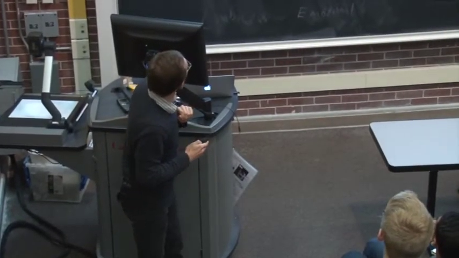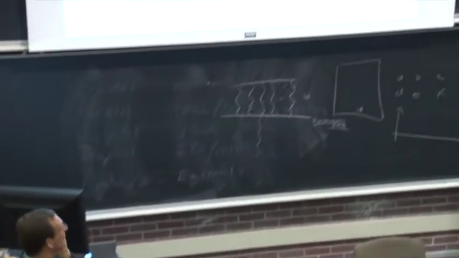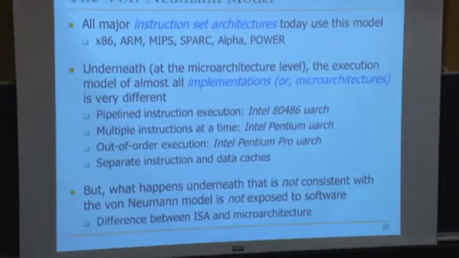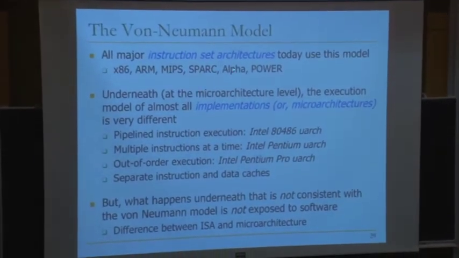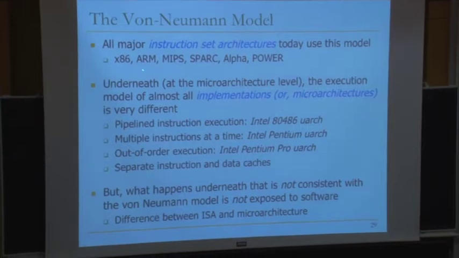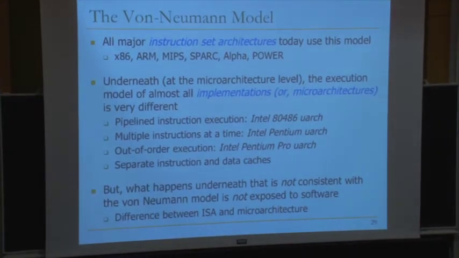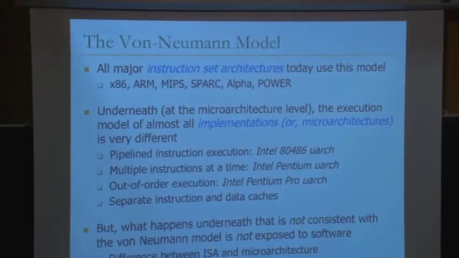OK. So von Neumann model, let's consider this in more detail now. So all major instruction set architectures today use this model. And you're probably familiar with some of these: x86, ARM, MIPS, SPARC, Alpha, Power. If you look at that, it's all control-driven, sequential, stored program execution.